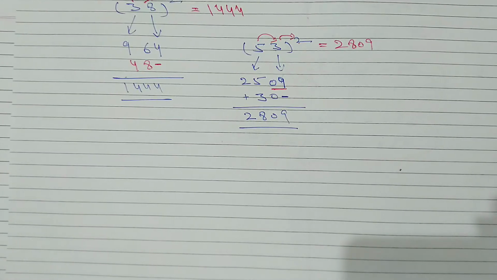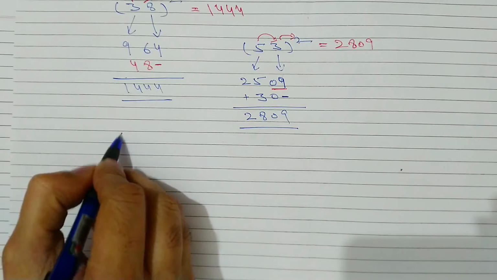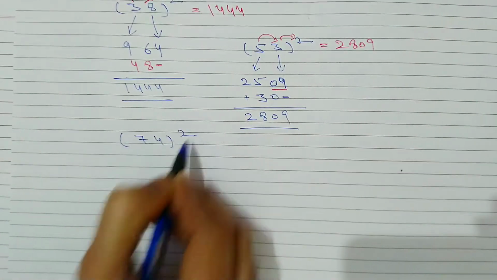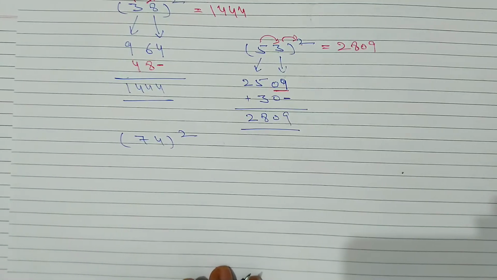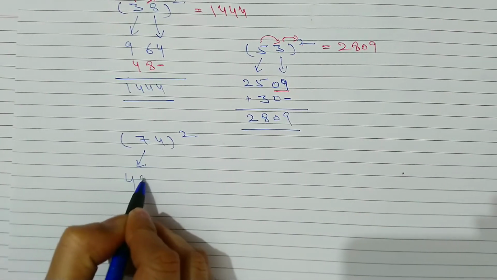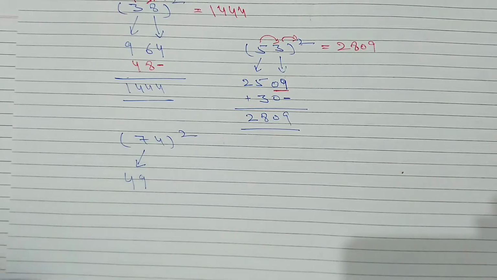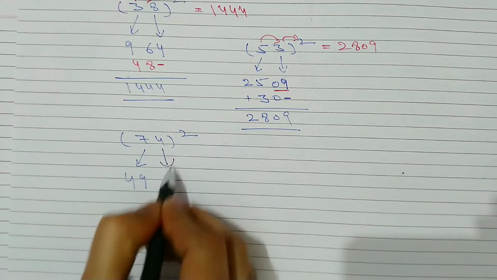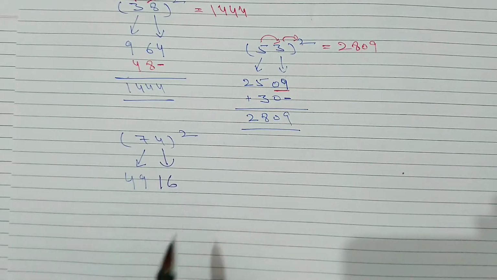One more example. Find the square of 74. The square of 7 is 49 and the square of 4 is 16.